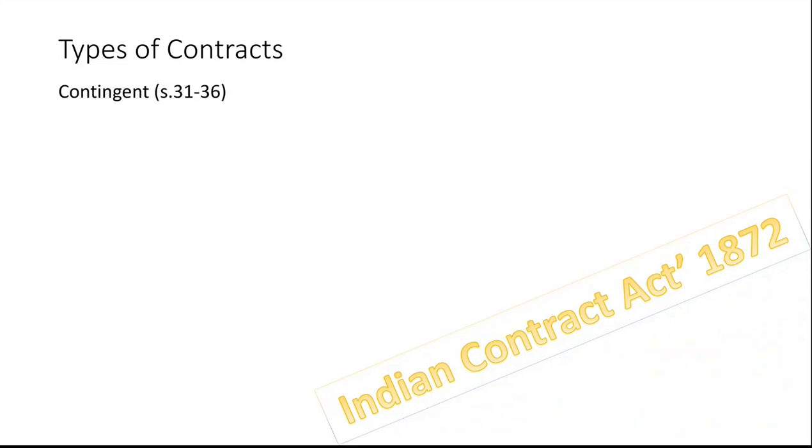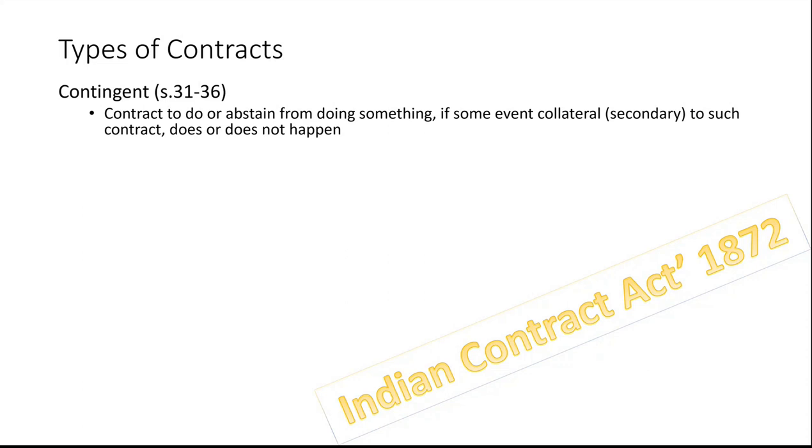Contingent contract. What is contingency? Every time you might have gone for approval, the boss might have said, what is the contingency in this order? What is contingent? Expected additional things to happen. This is with that point of view, but what exactly is it? Contingency is conditional. You have to keep that condition. So, a contract to do or abstain from doing something if some event, collateral or secondary to such contract, does or does not happen.